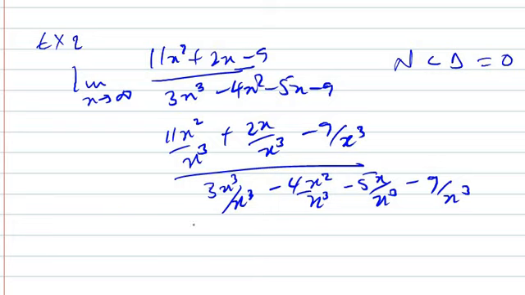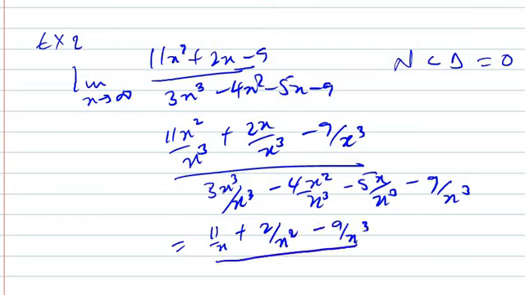So here we have 11 over x, here 2 over x squared, here 9 over x cubed, all over 3 minus 4 over x minus 5 over x squared minus 9 over x cubed.